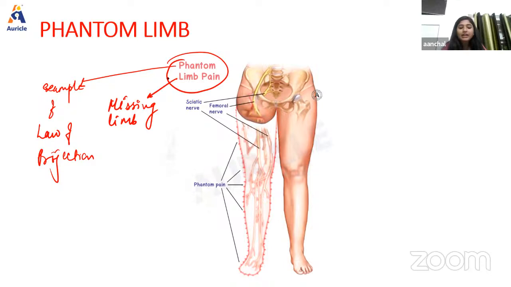If a leg has been amputated, the cut end heals with scar formation, and the cut ends of nerve fibers are merged within the scar.